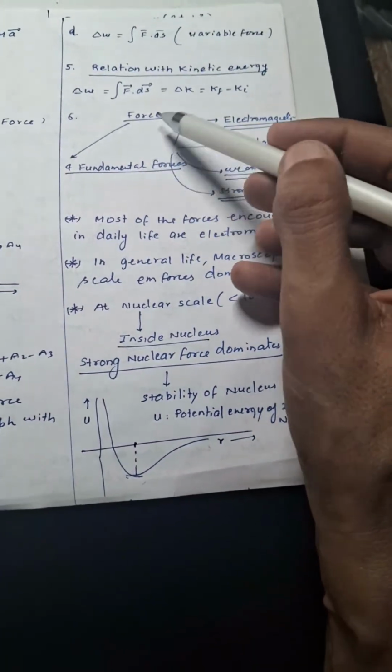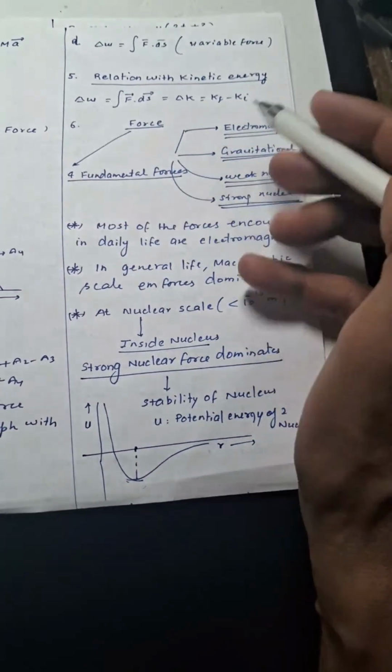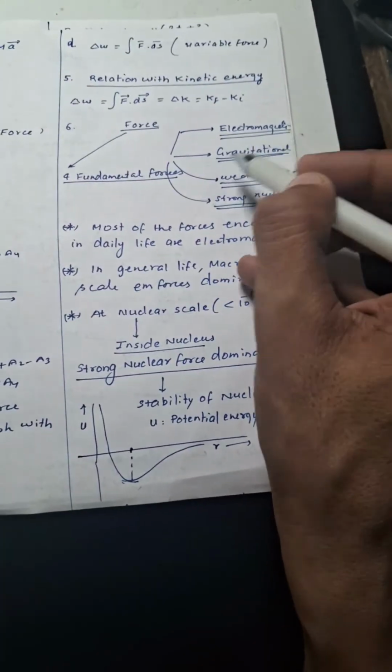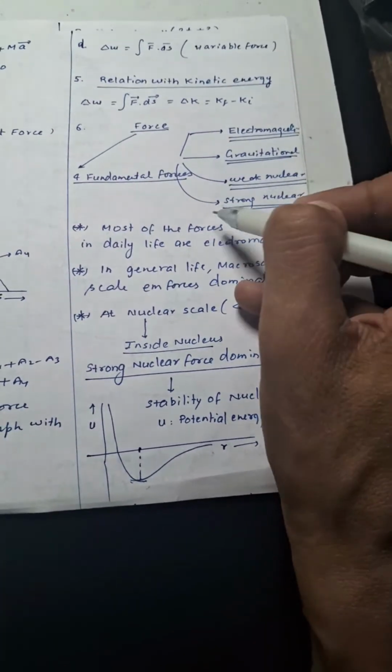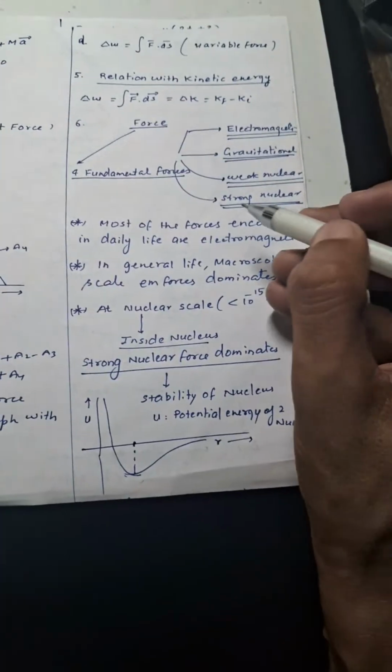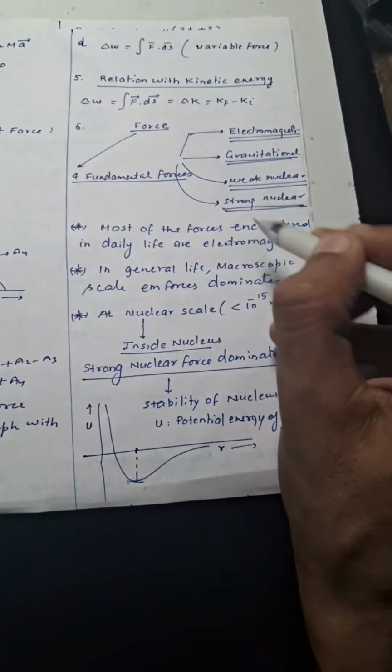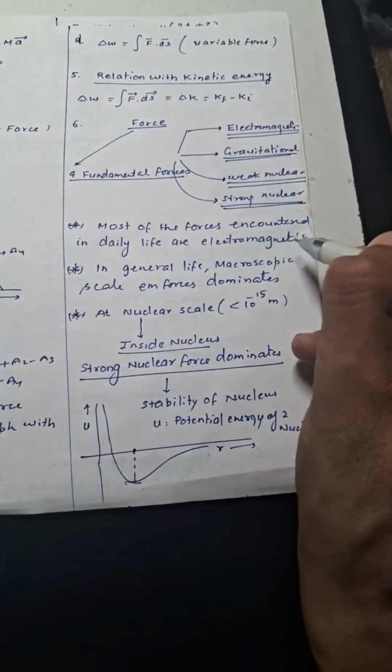Now if we talk about force, there are four fundamental forces in nature: electromagnetic, gravitational, weak nuclear and strong nuclear respectively. Out of these, most of the forces that we encounter in our daily life are electromagnetic.